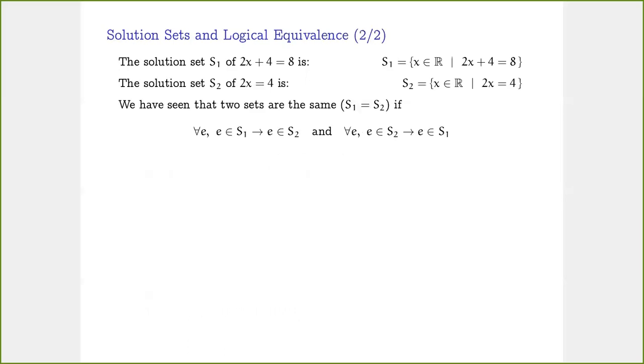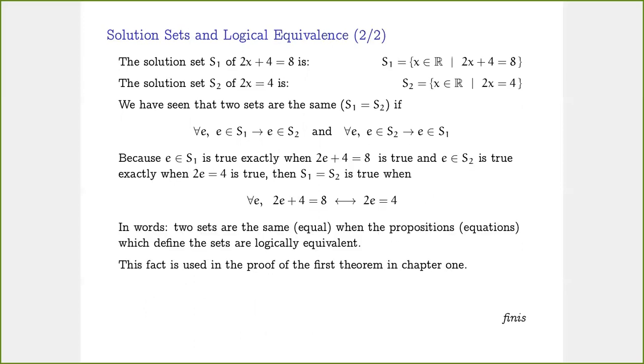So here we're repeating the two definitions of the subsets S1 and S2. We have seen that the two sets S1 and S2 are going to be equal if the following two implications are true. Because E is a member of S1 is true exactly when 2E plus 4 equals 8 is true, and E a member of S2 is true exactly when 2E equals 4 is true, then S1 equals S2 is true exactly when the equivalence we showed a few slides back is true.